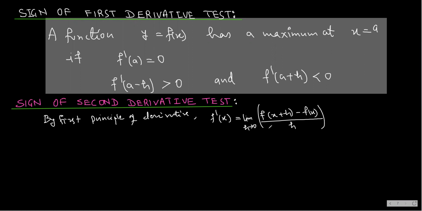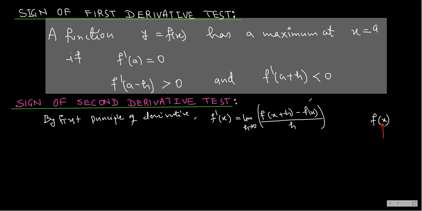What is f dash x? If you want the derivative of f of x, then what do you do? You find the value of the function at x plus h. That is, you slightly increase the value of x, see f of x plus h.